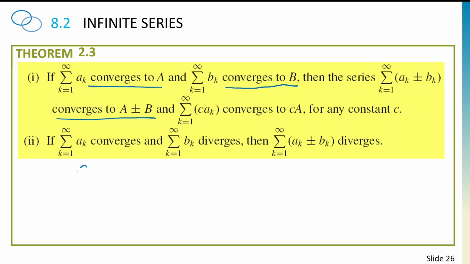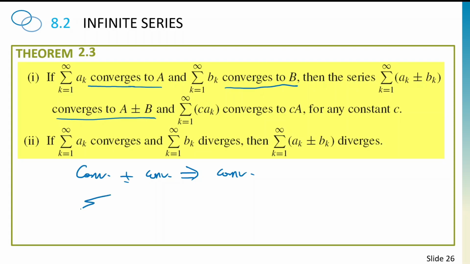Let's just make it in summary. If I have a convergent series plus or minus a convergent series, the result will be convergent, to what? To this value: if it's to A and to B, then you add or subtract for the overall result. Now, if the difference is only a constant term, like c aK, the constant doesn't change the convergence or divergence, because you can always take it outside of the sigma notation.